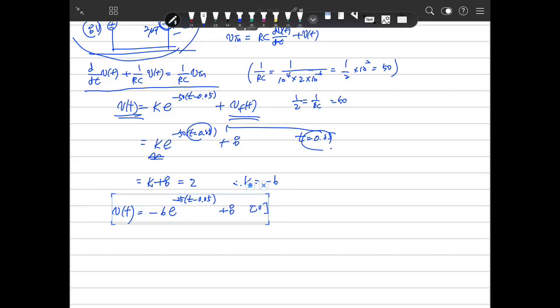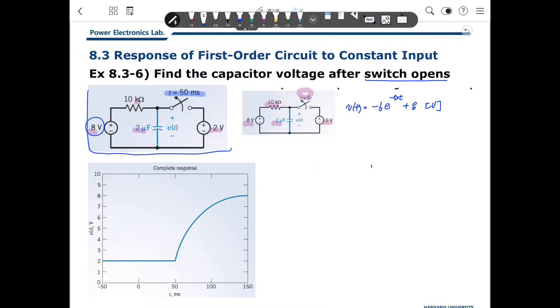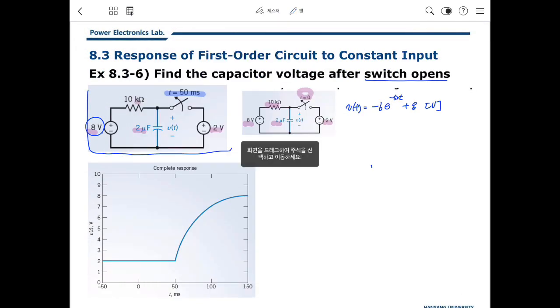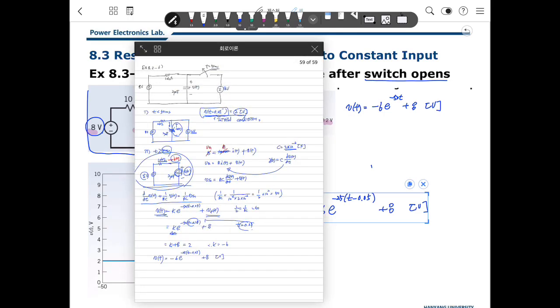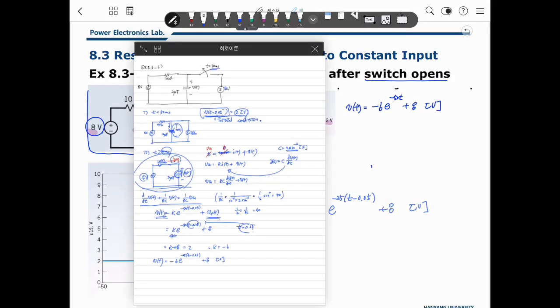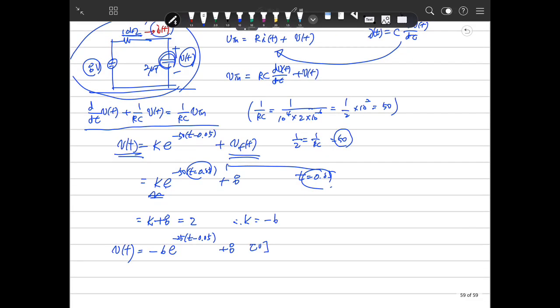So that is the final solution of this example here, and we compare that. Oh, we have some mistake because this is 50, so this is why this is 25.